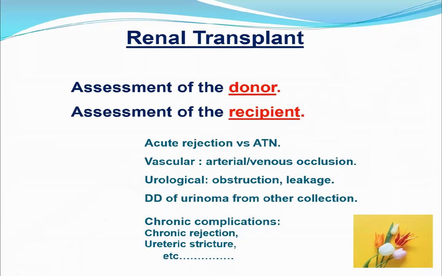The following are indications of radionuclides: how to follow up the renal transplant and selection of donors before transplant. So, indications include assessment of the donor, the outcome one, and the other is assessment of the recipient before transplantation.